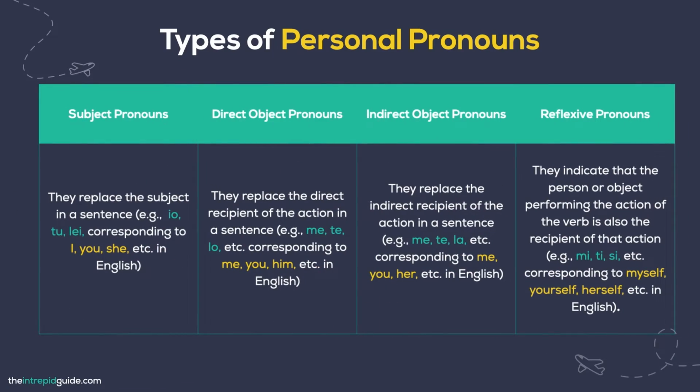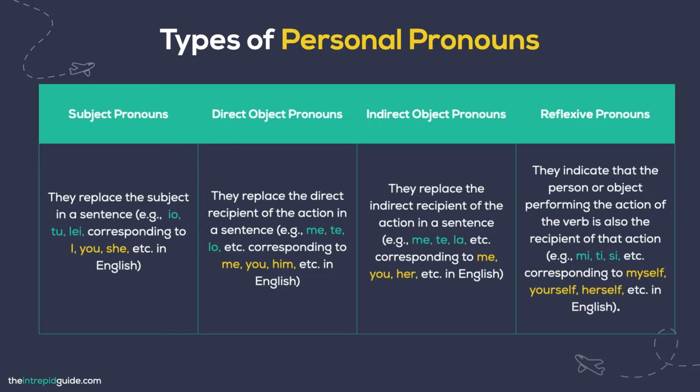There are 4 types of personal pronouns in Italian. Subject pronouns. They replace the subject in a sentence, corresponding to I, you, she, and so on in English. Direct object pronouns. These replace the direct recipient of the action in a sentence, corresponding to me, you, or him in English.